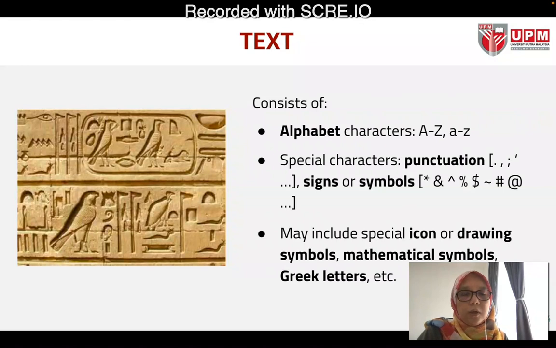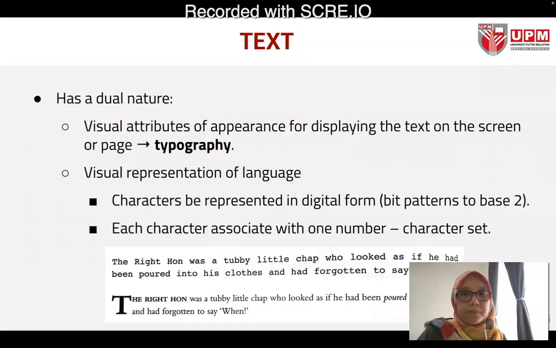Text consists of alphabet characters, numbers, special characters such as punctuation, signs, or symbols, and it may include special icon or drawing symbols, mathematical symbols, Greek letters, etc. It has a dual nature.